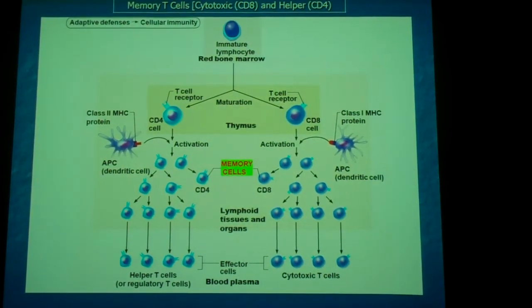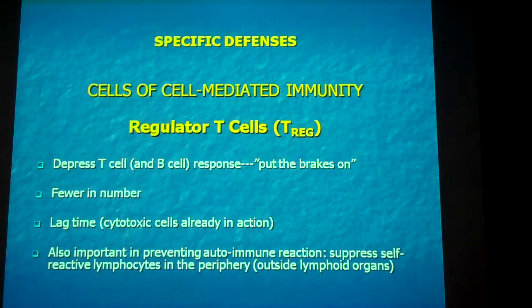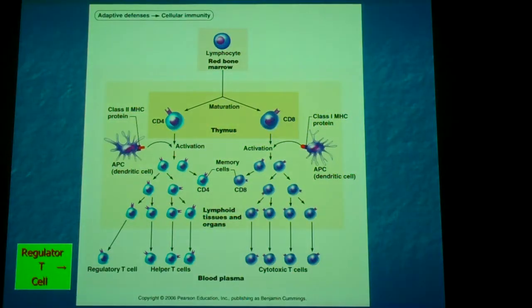So here are our memory cells. The regulatory T cells are the ones I told you come along later in lower numbers and essentially put the brakes on the immune response. Here's where they're classified right here, regulatory T cells.